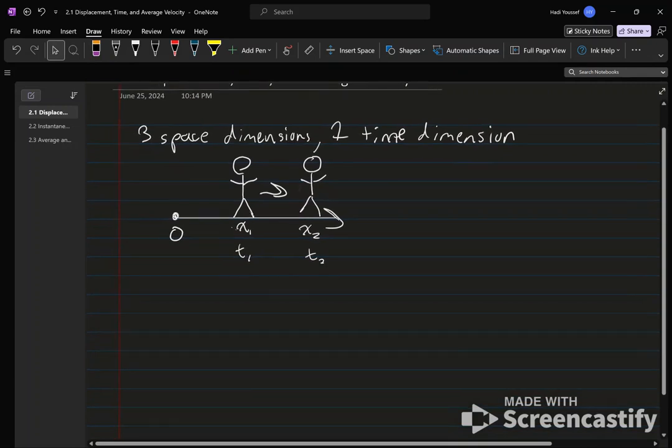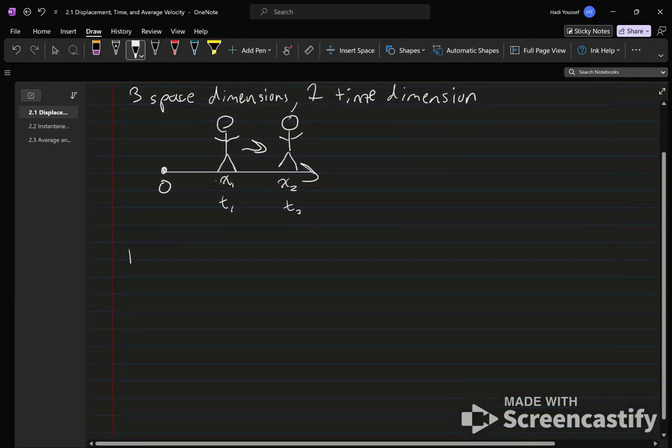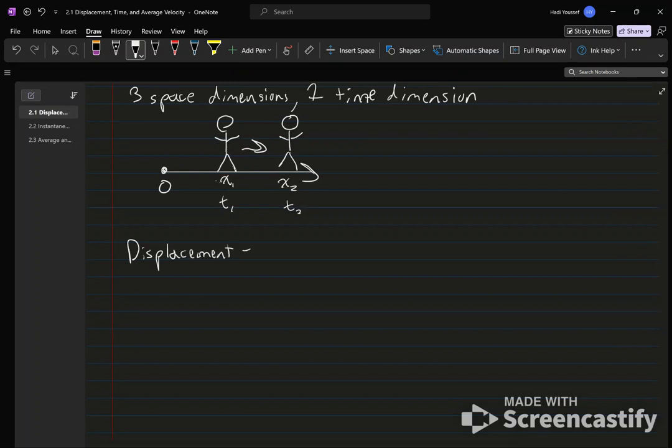So, to start off, let's define displacement, which is a change in position. It is defined simply as delta x. In this case, this person's displacement would be x2 minus x1.